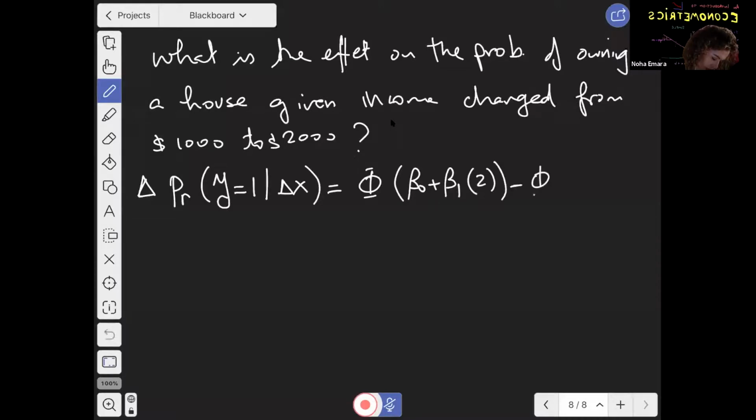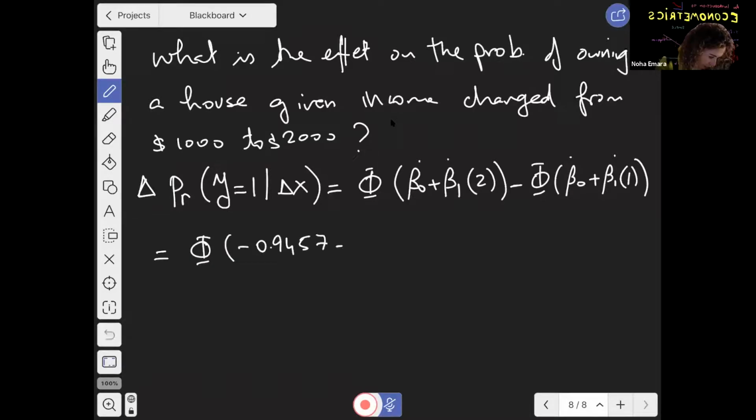Minus phi of beta 0 plus beta 1 times 1. This is exactly what you need to do. You just plug in the numbers that we have for beta 0 and beta 1. So equal to phi of negative 0.9457 plus 0.1021, minus phi of, remember this number that we got from the previous slide, right?